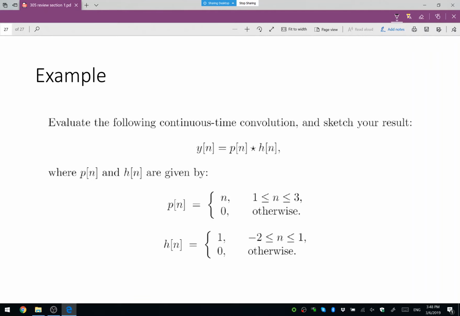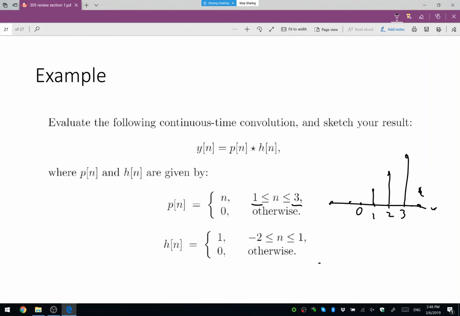So the first signal is from 1 to 3, and the value is n. So it should be like 0, 1, 2, 3, and looks like this, and everyone else is 0.